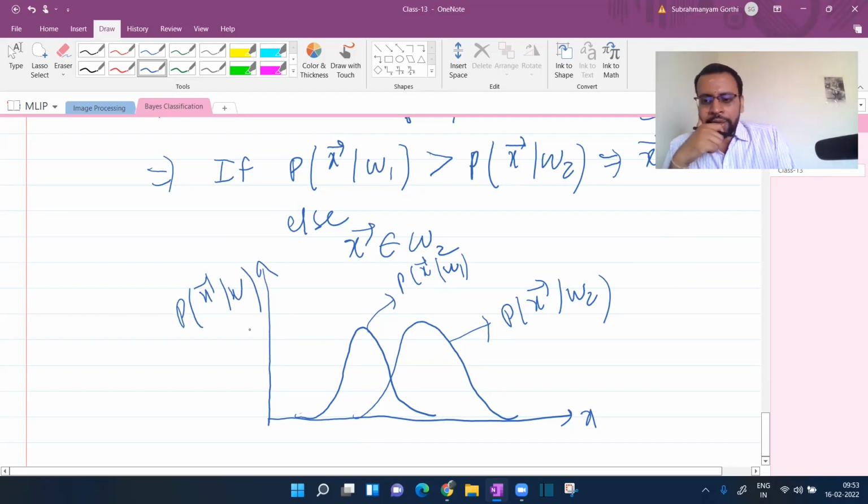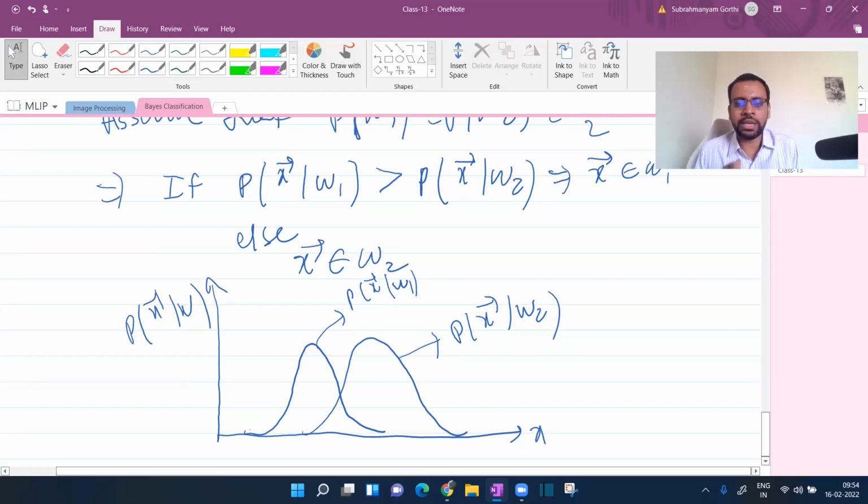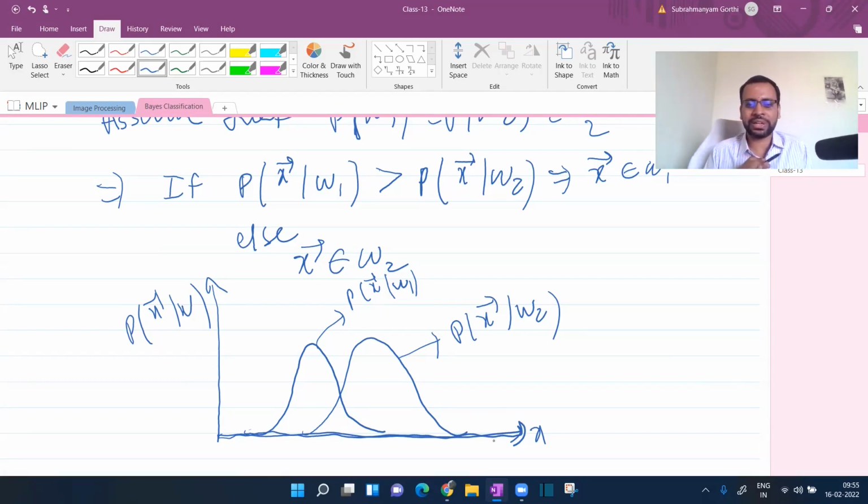Now, can you tell me for which values of x I would be assigning a given feature vector to class 1, and for which values of x I would be assigning it to class 2? See, your x-axis is x bar. I give you an x bar value, at least for these graphs. How would you say whether that belongs to this one or that one?